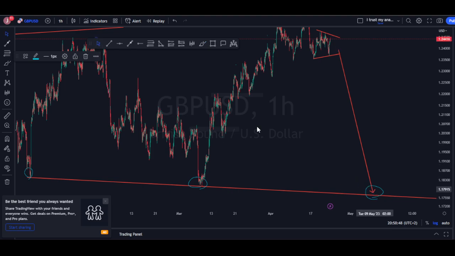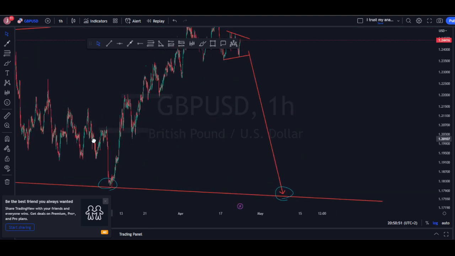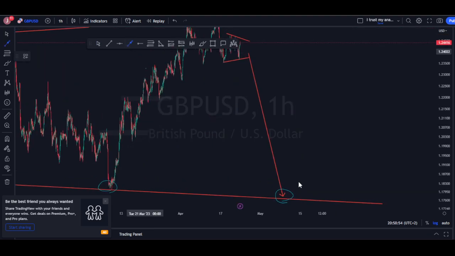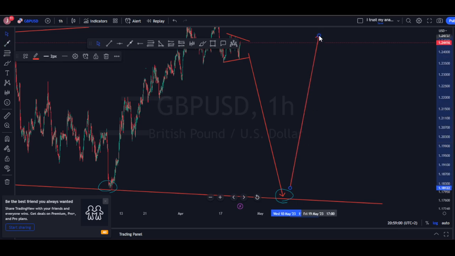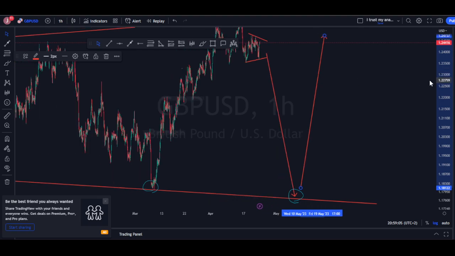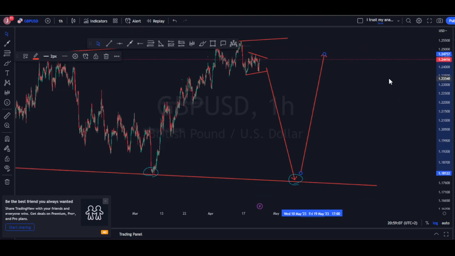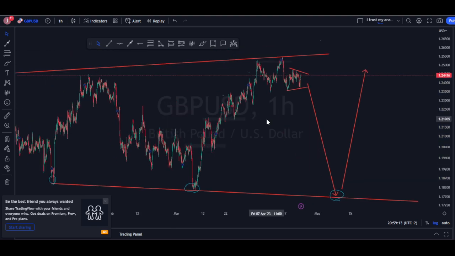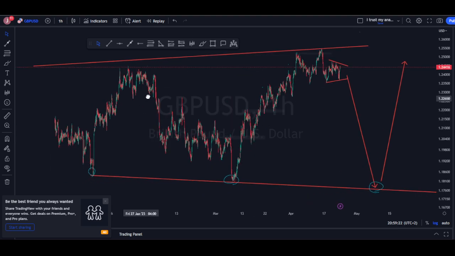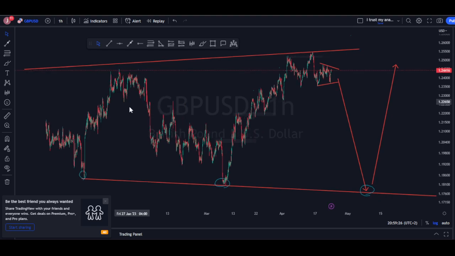Then from this low, we look for buys all the way to the upside to continue that long-term bullish move on the higher time frames, the daily and the weekly. So these are the two probabilities. Have a look at which seems more likely to play out, and take trades accordingly.